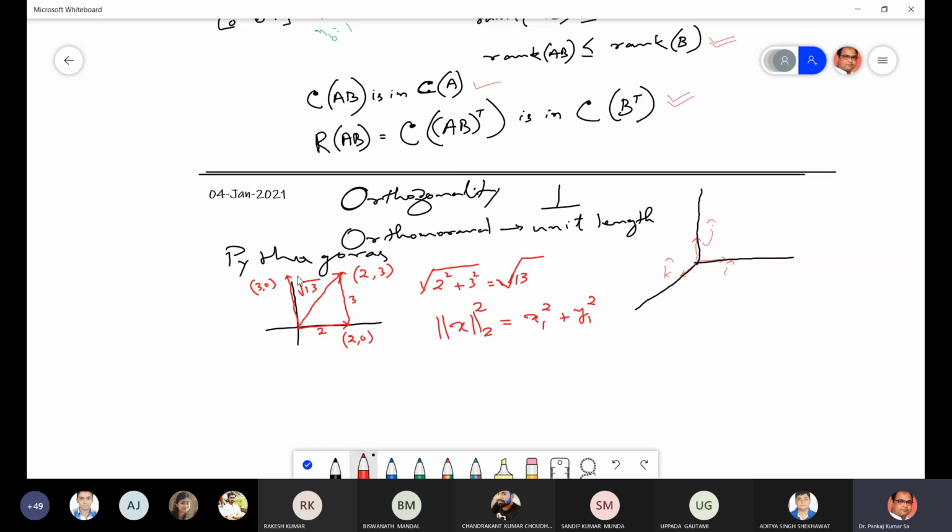Now, let us extend this one. This is in 2 dimensions. This we have been studying from the school level. If we extend this to 3 dimensions, let me put x2 for the sake of notation.